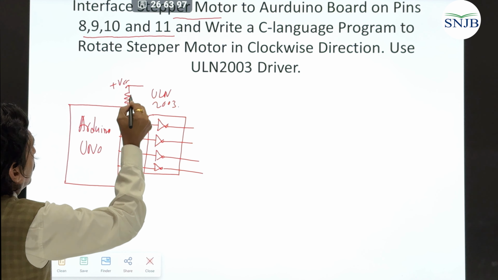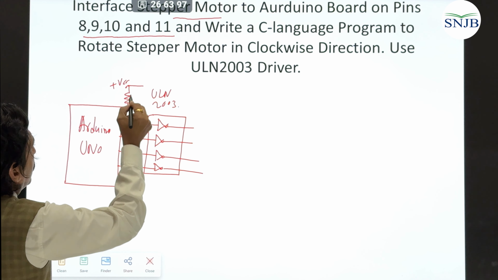Digital write on 9 low, digital write on pin number 10 low, digital write on pin number 11 low. So this is one logic, now it is energized.